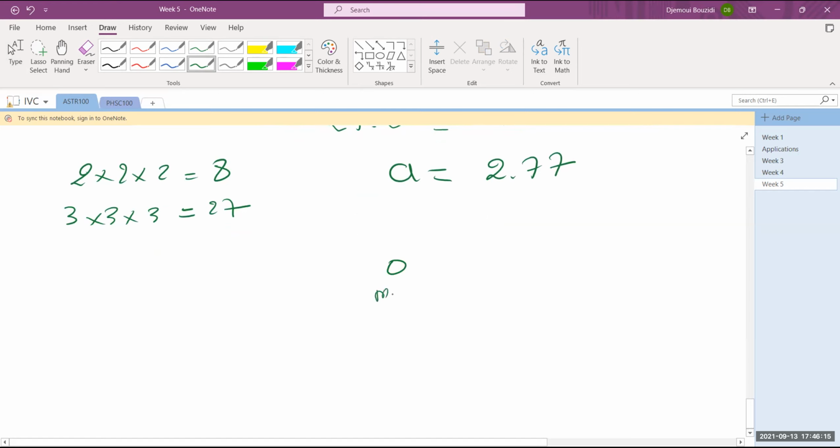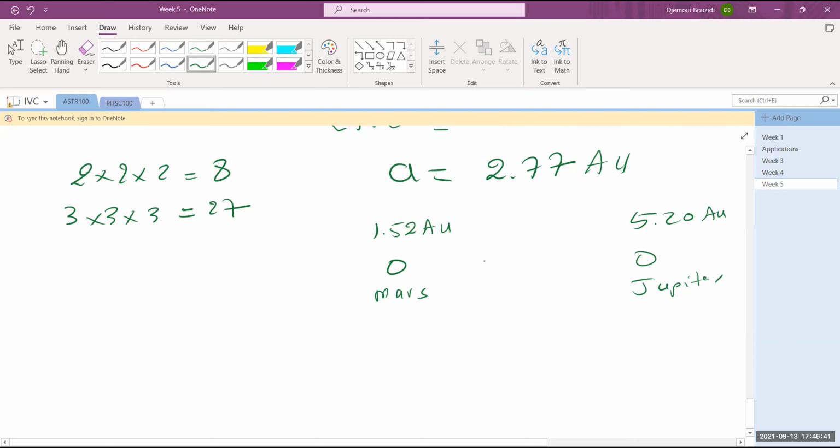I know Mars is 1.5 AU, 1.52 AU. The answer, by the way, is in astronomical units. And I know Jupiter is 5.20 AU. This number is more than 1.52, but less than 5.2.